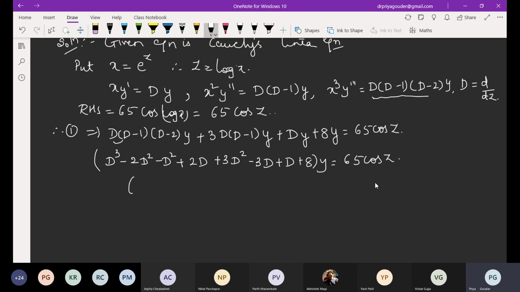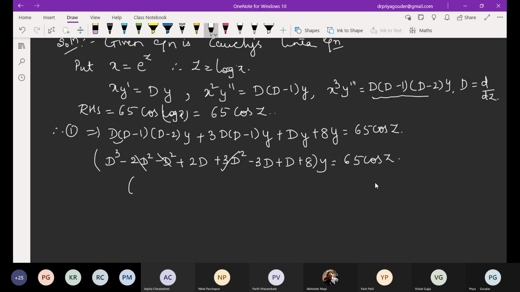Tell me what remains. Can we cancel anything? Just check. So big, but one advantage is there. What can we cancel? 3D square can be cancelled with minus 2D square and minus D square, isn't it?